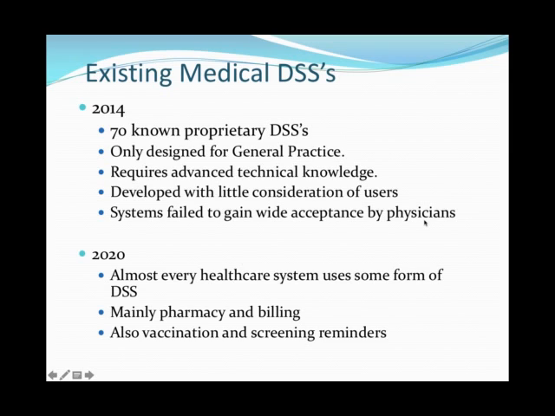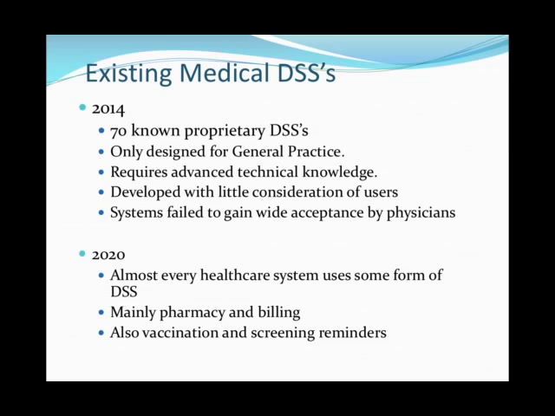And now we are just 6 years later, and almost every healthcare system uses some form of decision support system, even small clinics. At the Norwood clinics in Jordan, they just started having all electronic medical records about 2 years ago.